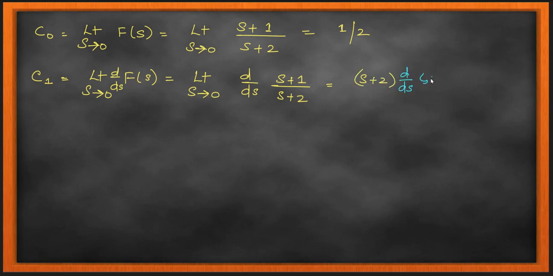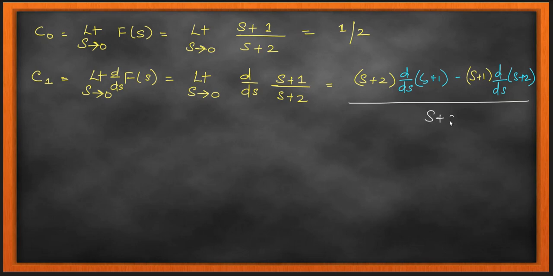So that will be my c1. But now I have to find one more, because in the previous question we did only c0 and c1, and now I am going to do c2 also here. So this is going to be the same, and I'm going to get 1 upon s plus 2 the whole square, and that is your d by ds of f of s, and applying the limit, my c1 becomes 1 by 2 square, equal to 1 by 4.